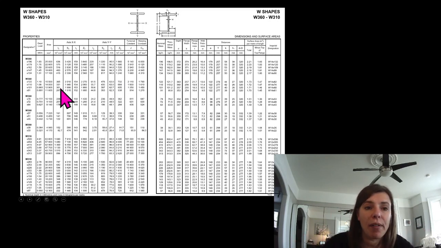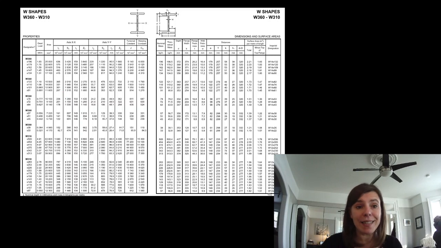They have already done this for all of the steel sections. So that makes our lives one step easier: for a steel section, we can just go to the page that has that steel section in it. We can look up A, we can look up S, we can look up Z if we're going to let it yield all the way to the neutral axes, and we can look up I when we need to talk about deflection.